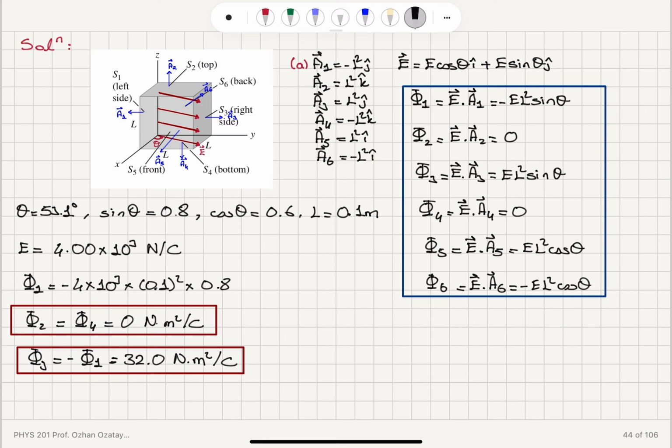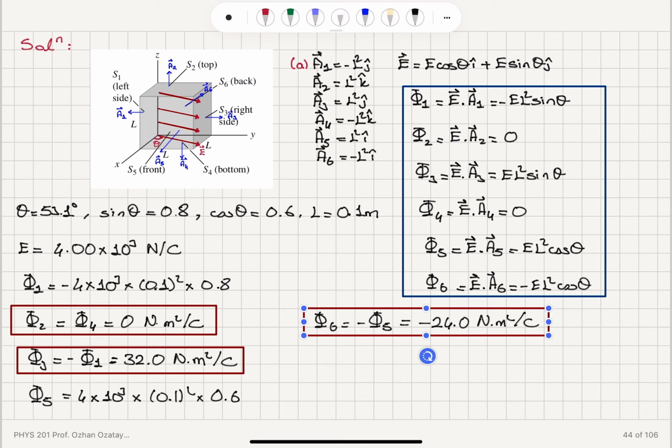And for phi 5, the flux through the fifth face, I have 4 times 10 to the 3 electric field, L squared 0.1 squared, times cosine 53.1, 0.6, and I find that phi 6 equals minus phi 5, which is minus 24.0 newton meter squared per coulomb.